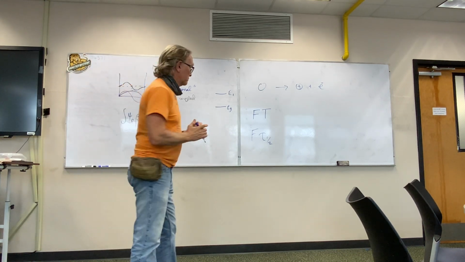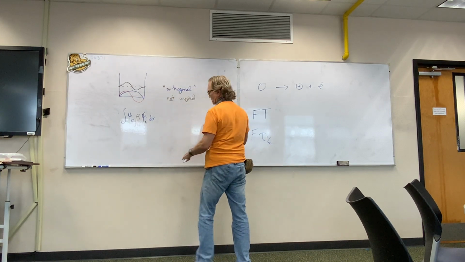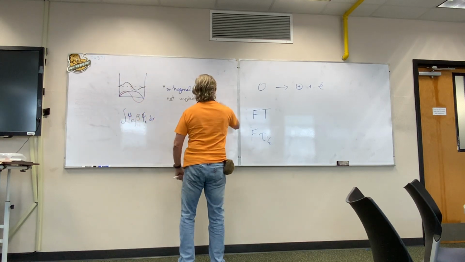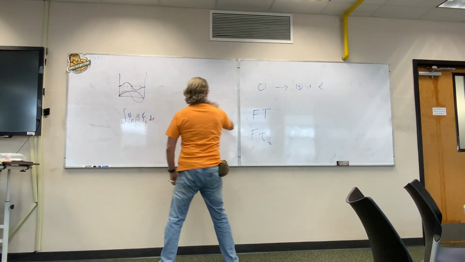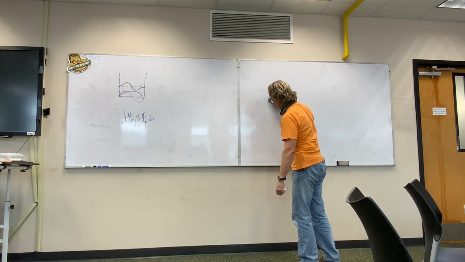Before we get there, I'm going to talk about something about these wave functions and what must be true about them. We're not going to do a three-dimensional integral, but I'm going to talk about the three-dimensional integral.